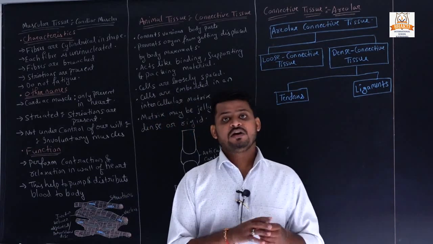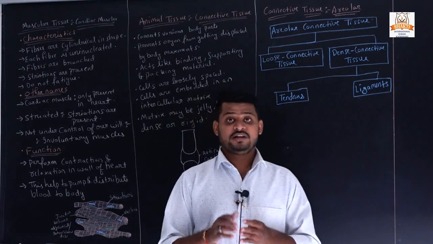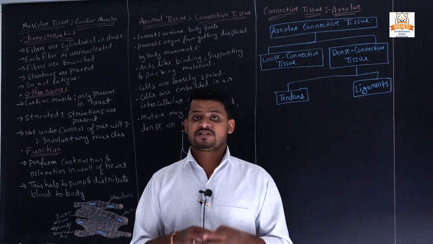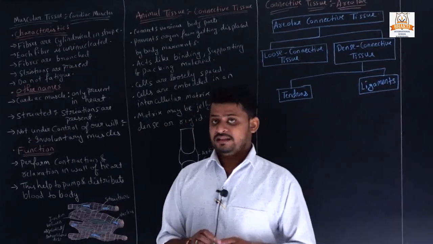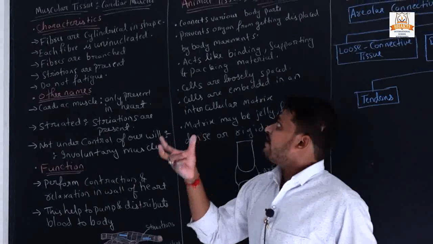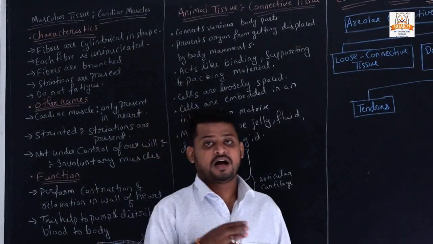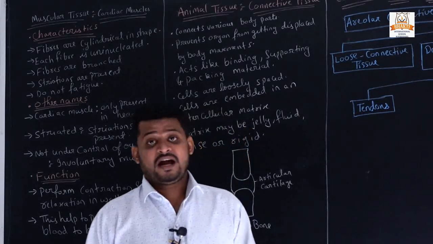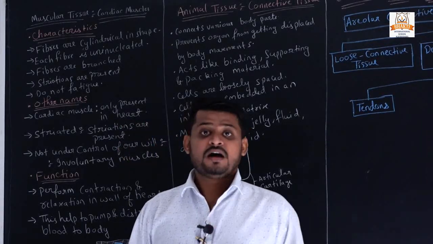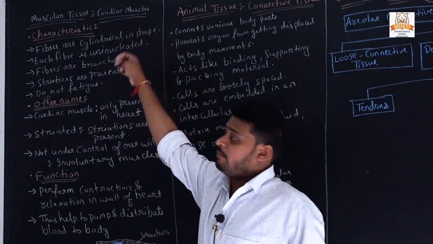Now in this video we are going to study our last type of muscle tissue, and that is cardiac muscle. When you hear the word cardiac, it is related to our heart. Why? We all know cardiac muscles are present in our heart. Now we will start our topic.